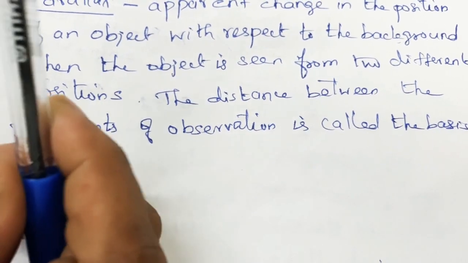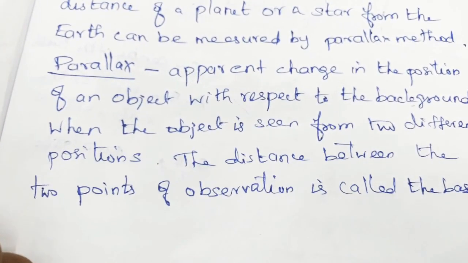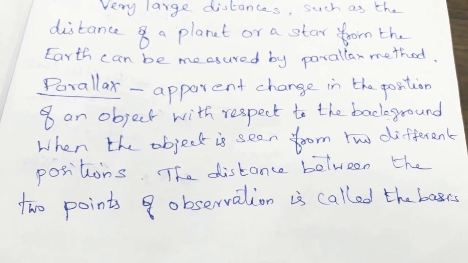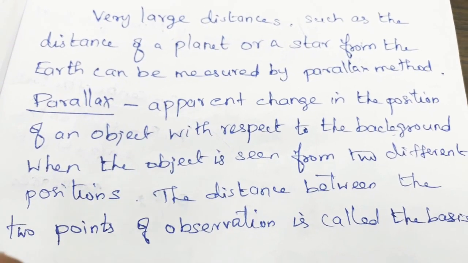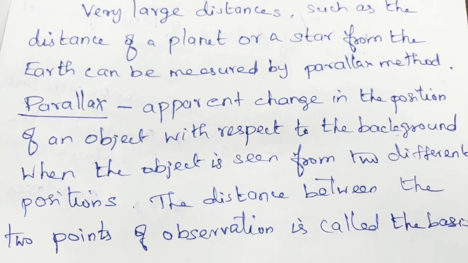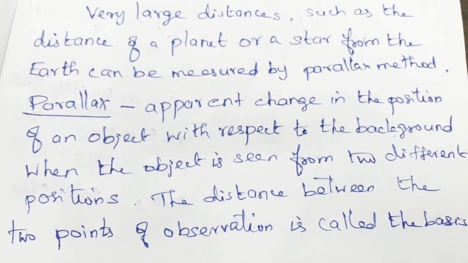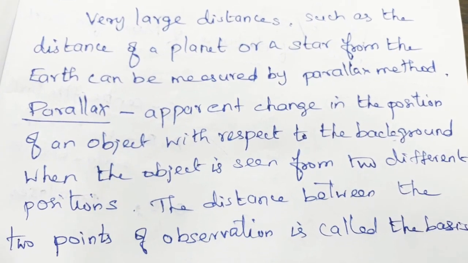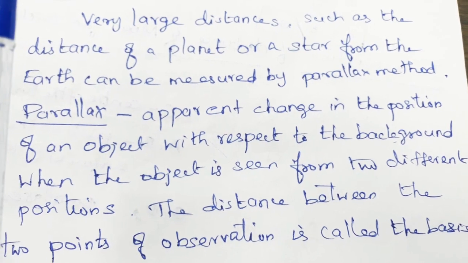Example: the observer is holding a pen before him against the background of a wall. When the pen is looked at first by our left eye, closing the right eye, and then by our right eye, closing the left eye, the position of the pen changes with respect to the background of the wall. Isn't it? The shift in position of an object when viewed with the two eyes, keeping one eye closed at a time, is known as parallax.